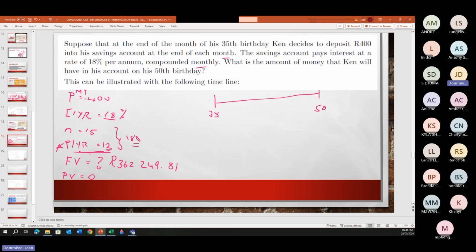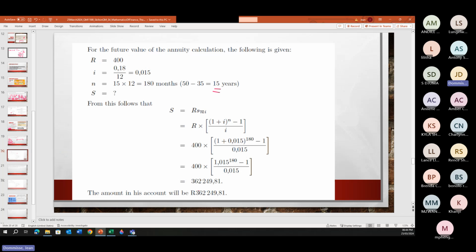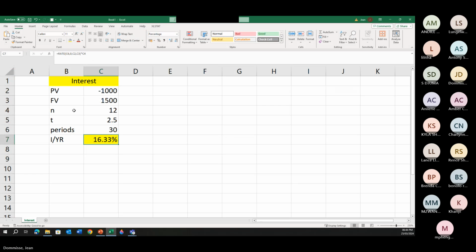You can practice that, and I think there are a few examples in the study guide as well, but I will look for one or two more to share with you. So again, it's important to know how to use it, because you can see that the answer is exactly the same.